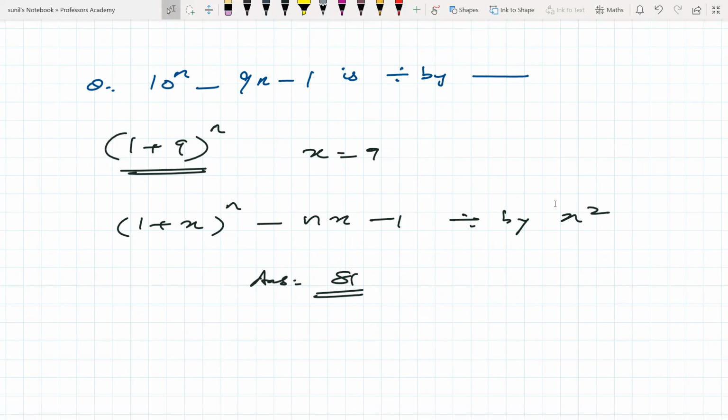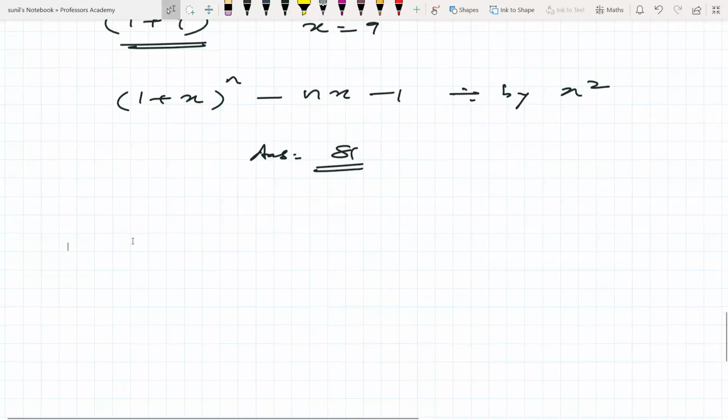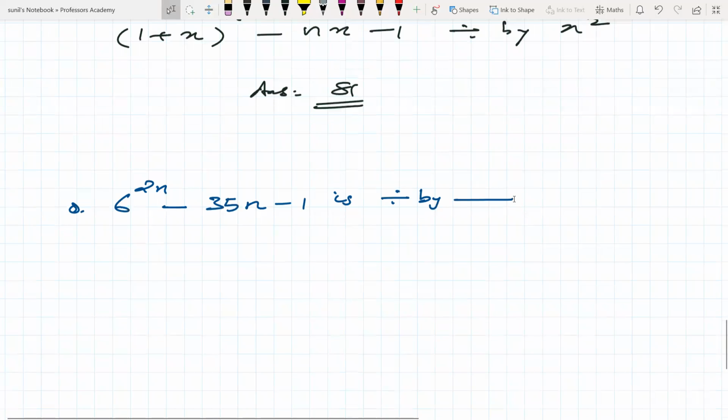Let me explain with one more problem. This is the problem. 6 power 2n minus 35n minus 1 is divisible by dash. So again, we know that we better keep the power as n.